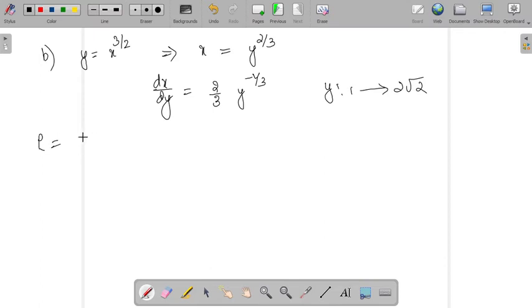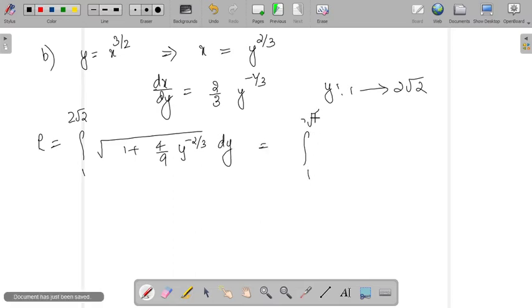Let us write the expression for the arc length. So that is integral 1 to 2 root 2 of root of 1 plus, take the square, so that will give 4 by 9 y raised to minus 2 by 3, dy.